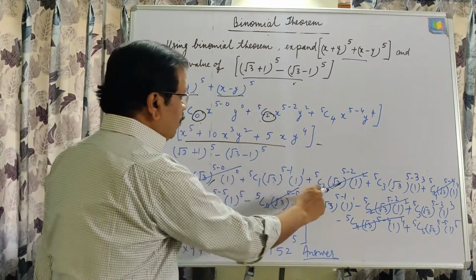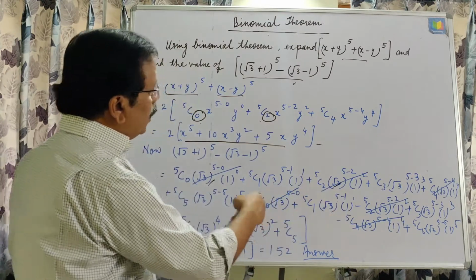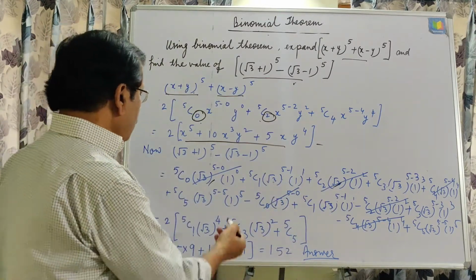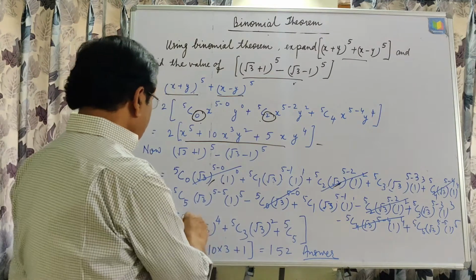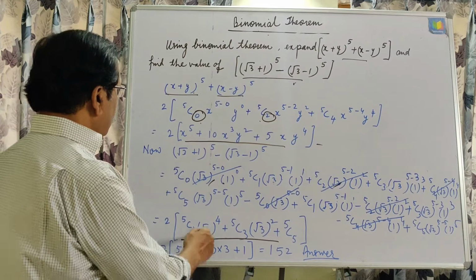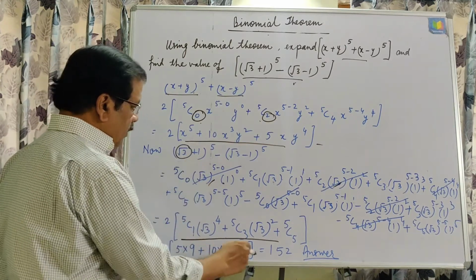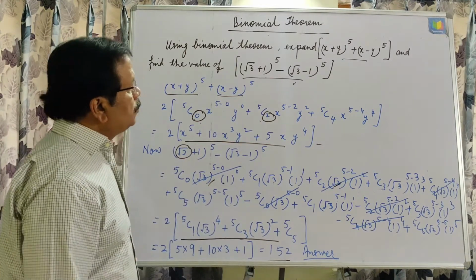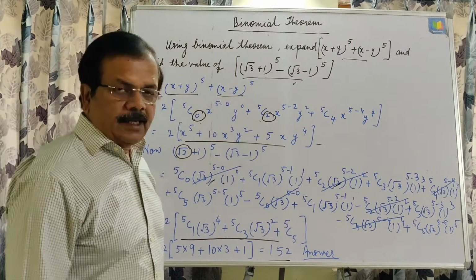Okay, after writing all these, and you can show or you can write directly also, even number terms will be cancelled, then the odd number terms are this much, and then substituting the values √3 and 1, we are getting 152. And next question.